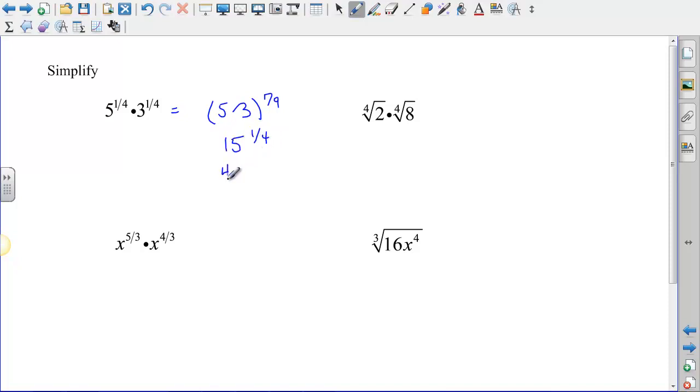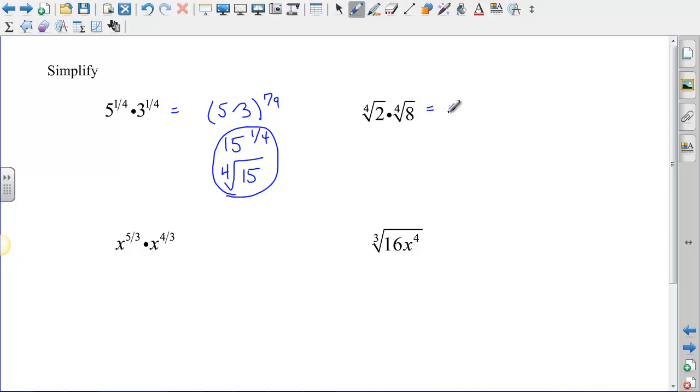Now I could write it in radical notation, which would be the 4th root of 15, but either one of these would be perfectly acceptable, and I cannot simplify them anymore because there are no perfect fourths that go into 15. Remember, our fourths are 1, 16, 81, 256, so on and so forth. So none of those go into 15.